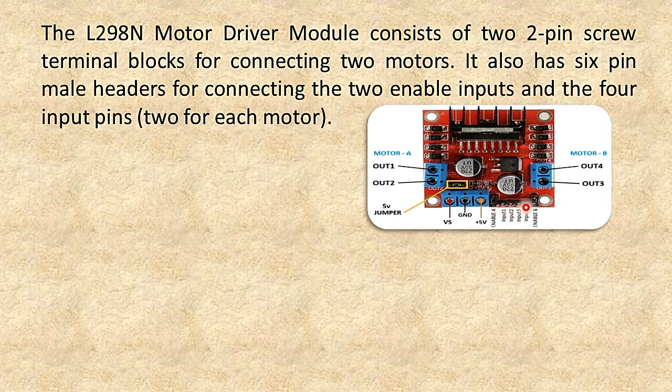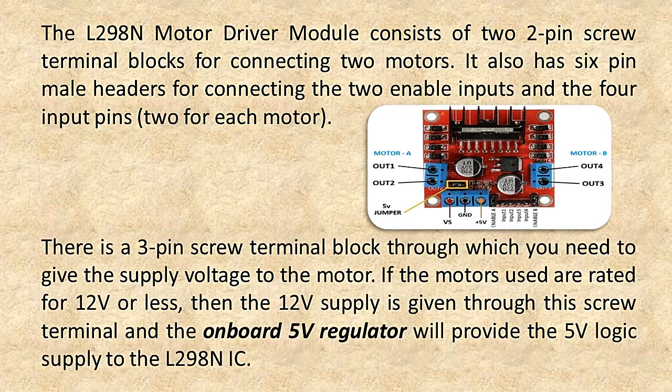These are the male connectors. There is a 3-pin screw terminal block through which you need to give the supply voltage to the motor. If the motors used are rated for 12 volt or less, then the 12 volt supply is given through this screw terminal. This is 12 volts and ground.